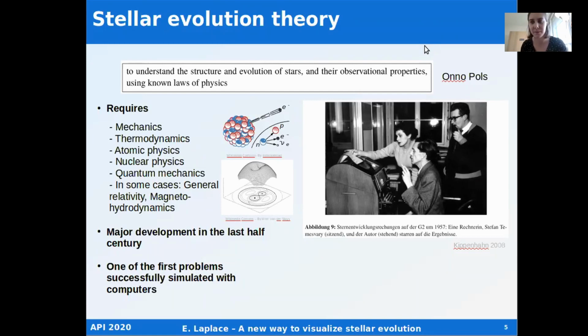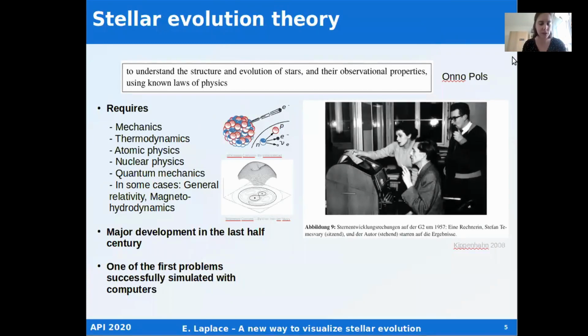laws of physics. And what is really interesting and amazing about this is that you need physics from the smallest scales and from the larger scales to describe the evolution of stars.